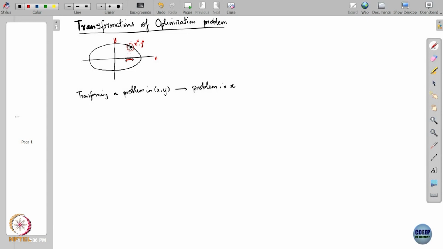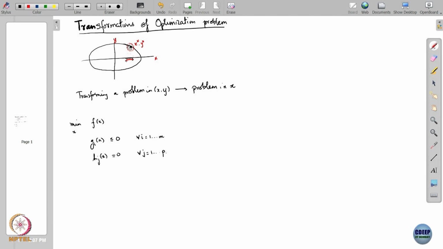Okay. So, let us consider an optimization problem like this. You are optimizing a function f of x, the decision variable is x, and you have inequality as well as equality constraints: g i of x less than or equal to 0 for all i from 1 to m, and h j of x equal to 0 for all j ranging from 1 to p.